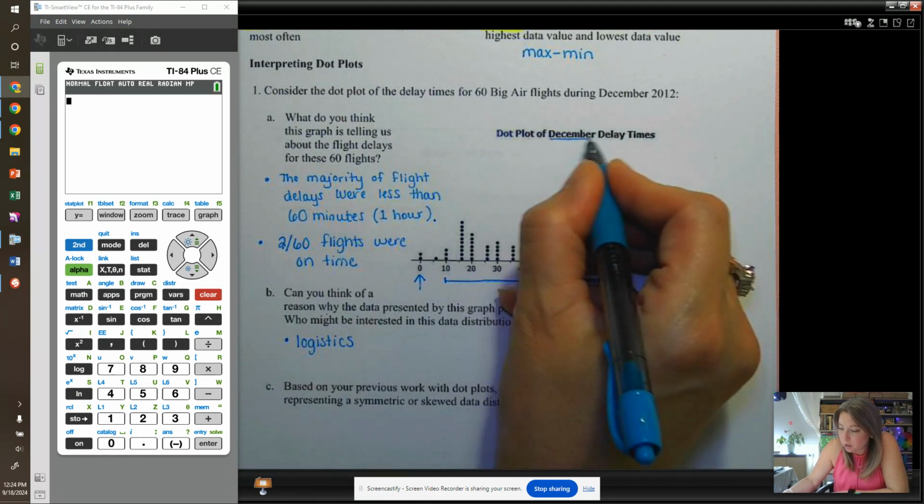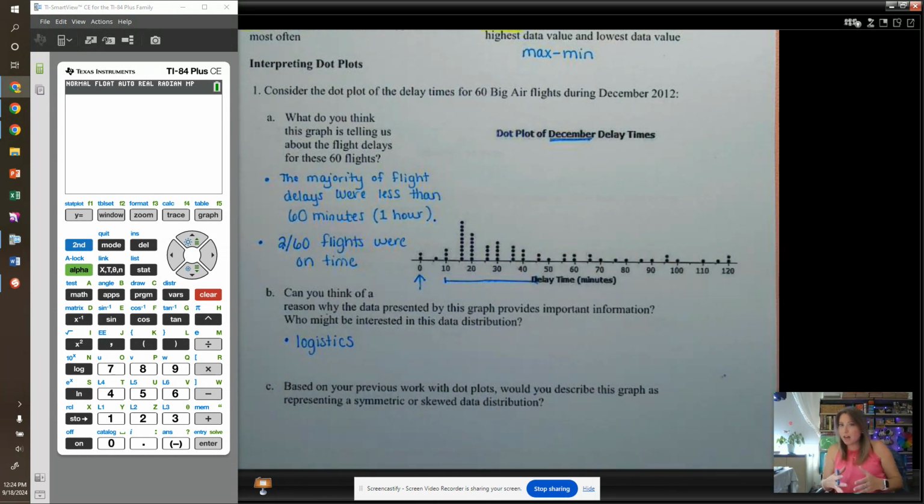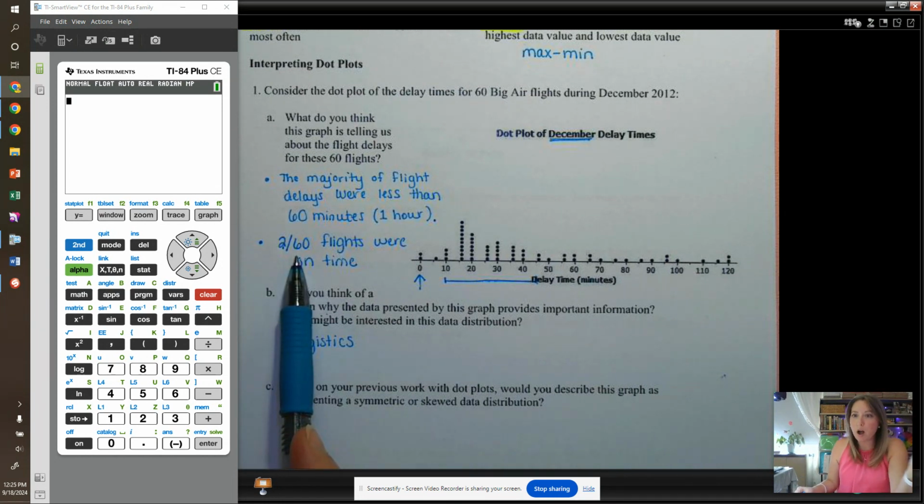Flights taken in December, let's be real. There's a lot of really big holidays in December that we are probably purposefully going somewhere to be with someone for a specific event. And if I can't plan on this flight being on time, why would I buy it?